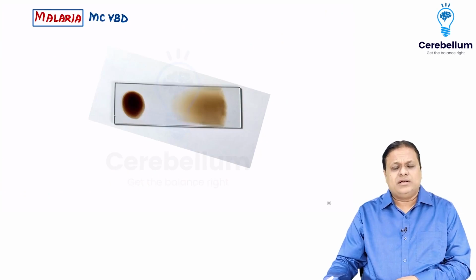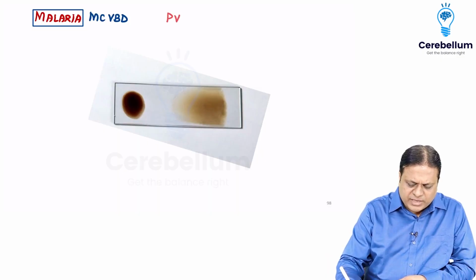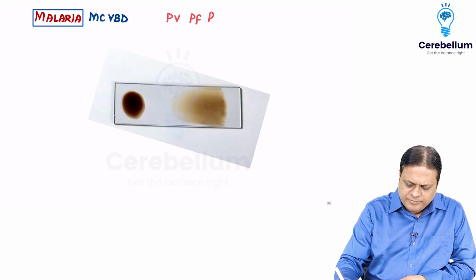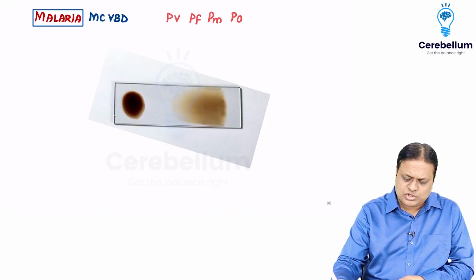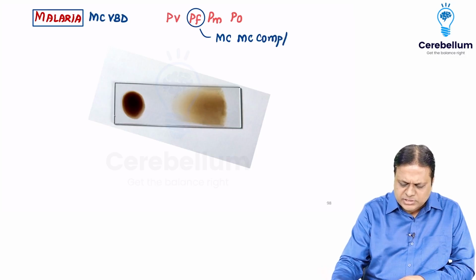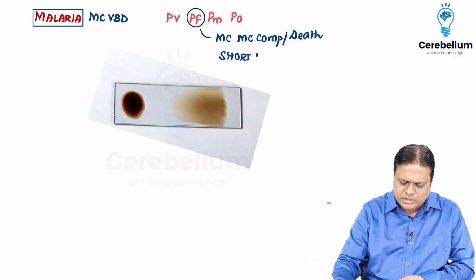So coming to malaria, causative agent is Plasmodium, 4 species, Vivax, Falciparum, Malariae and Ovale. All 4 are seen in India. Most common is Falciparum. It is most common cause of complications and only cause of death also. It has the shortest incubation period of median 12 days.